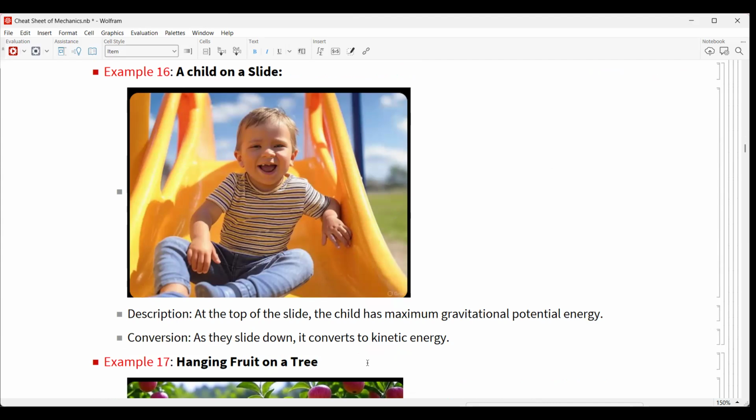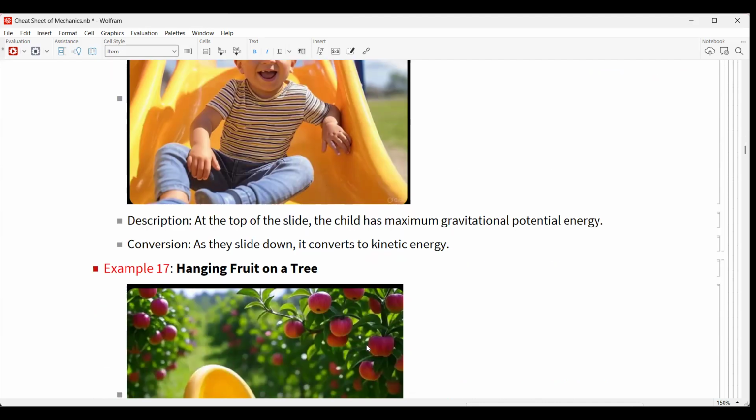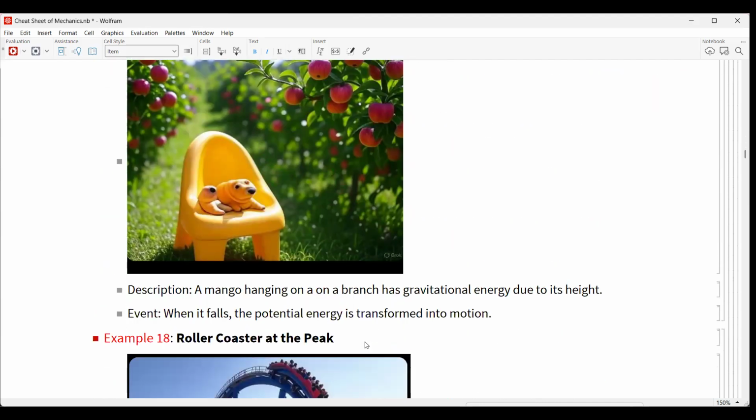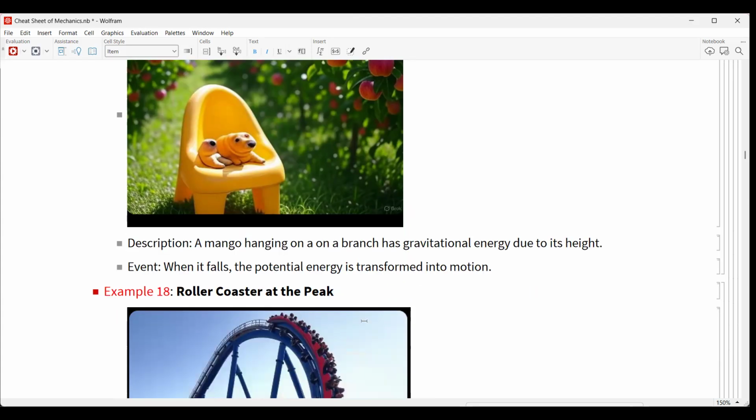As they slide down, it converts to kinetic energy. Hanging fruit on a tree: a mango hanging on a branch has gravitational energy due to its height. When it falls, the potential energy is transformed into motion.